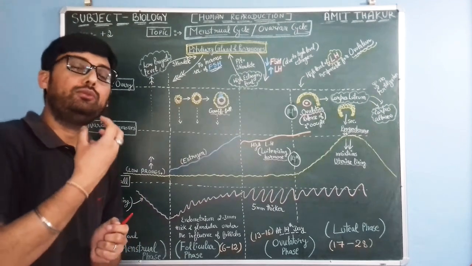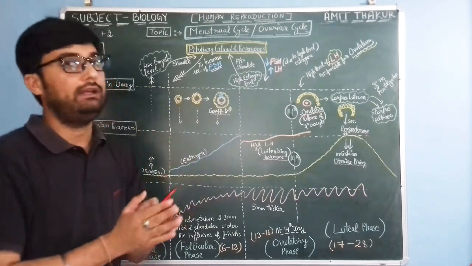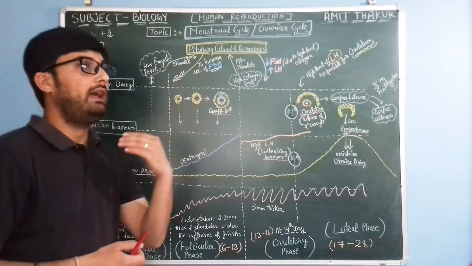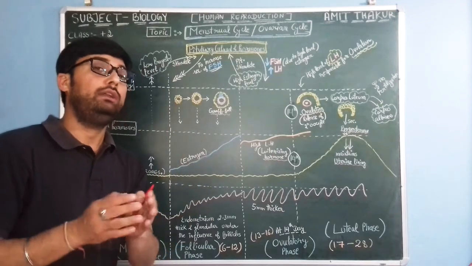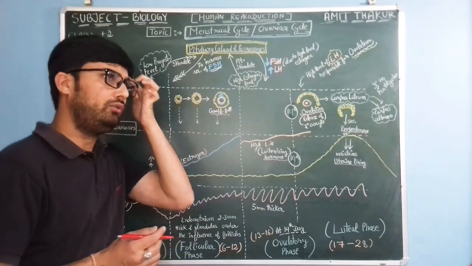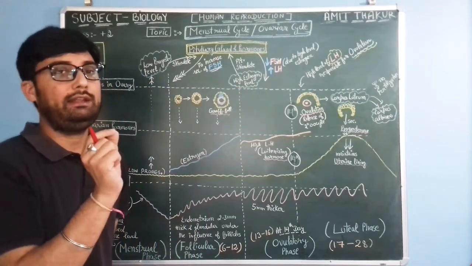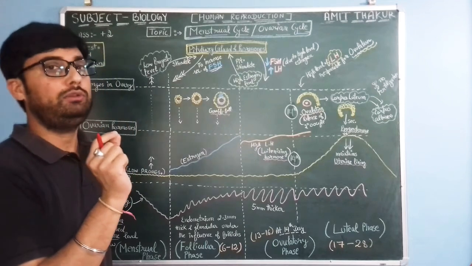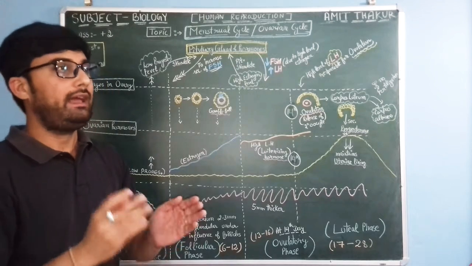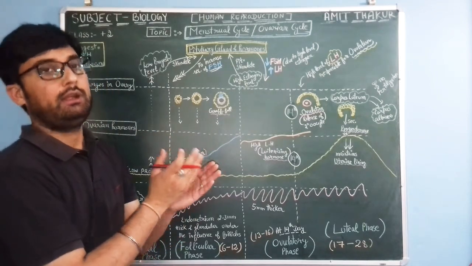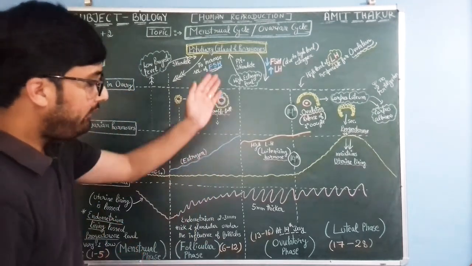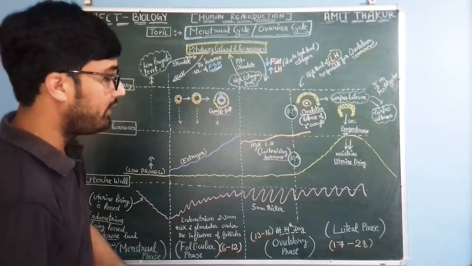The release of the secondary oocyte from the Graafian follicle is termed ovulation, which takes place on day 14. The secondary oocyte is released into the uterine tube or fallopian tube for the next 12 hours in order to fuse with a male sperm.